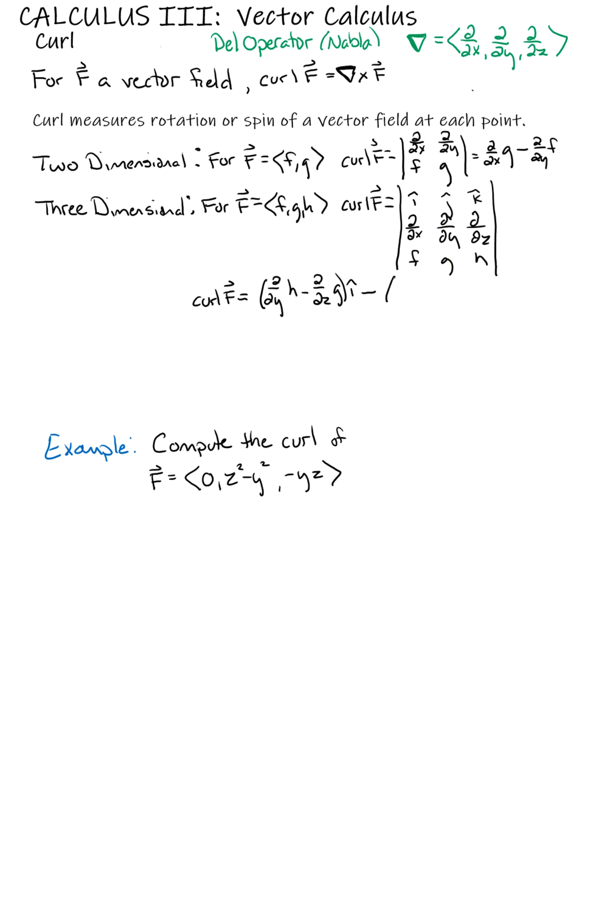So that would be the partial with respect to x of h minus the partial with respect to z of f. Again, notice I'm working only with these two portions.